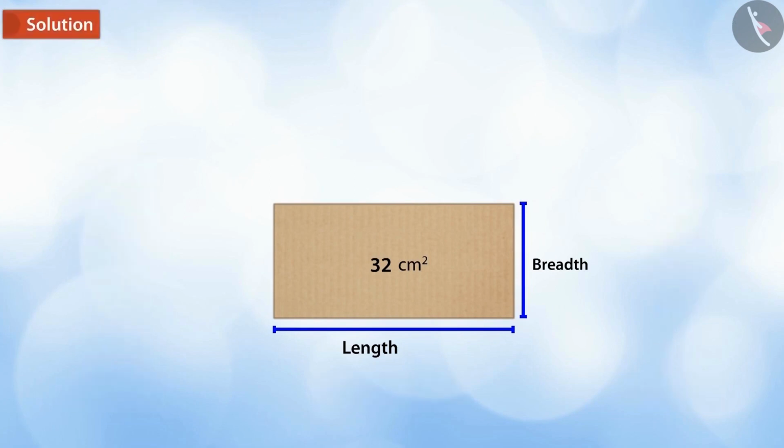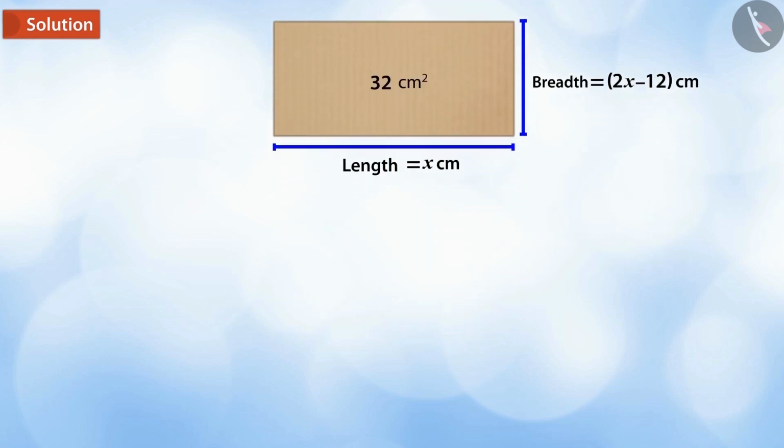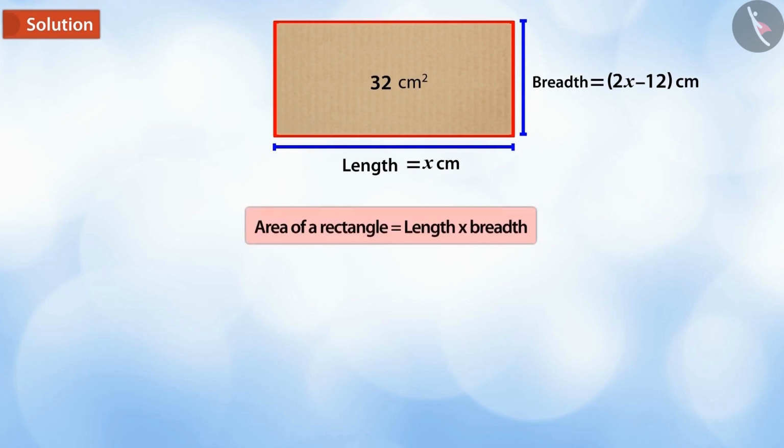First, let's assume the length of the box to be x centimeters. Then, to find the breadth, we need to double the length. On subtracting 12, we get 2x minus 12. Since the box is rectangular, we can use the formula for the area of a rectangle.